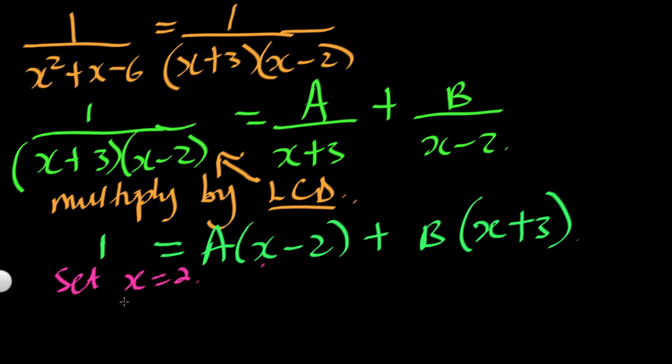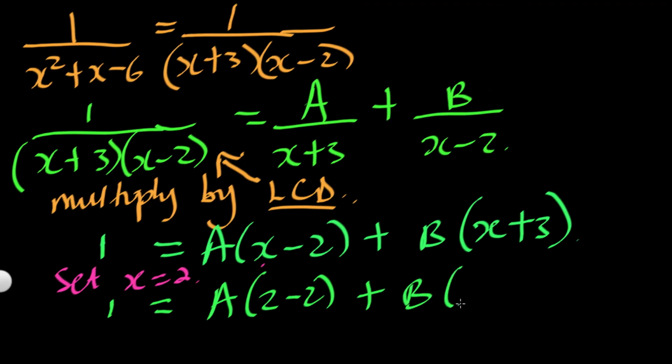So if I do that, it means 1 will be equal to A times 2 minus 2 plus B times 2 plus 3. Now from here, it is clear that this will become 0 and this is 5B.